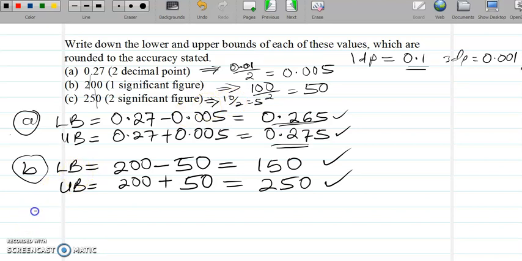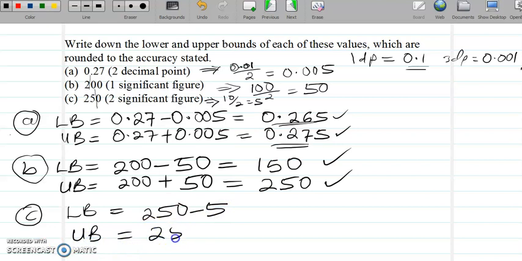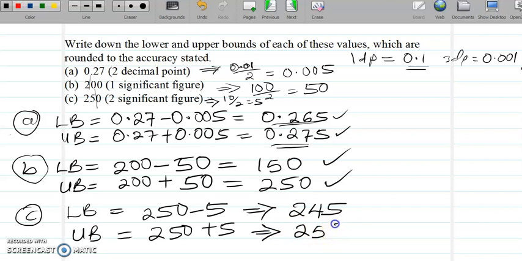Half of 10 is 5. Now the lower boundary is 250 minus 5, and the upper bound is 250 plus 5. So 250 minus 5 gives us 245, and 250 plus 5 gives us 255. So this is the lower bound and this is the upper bound.